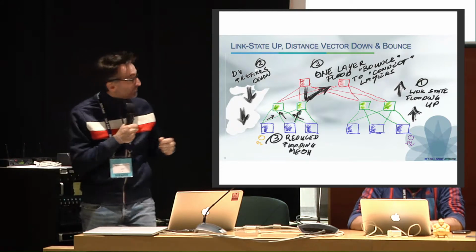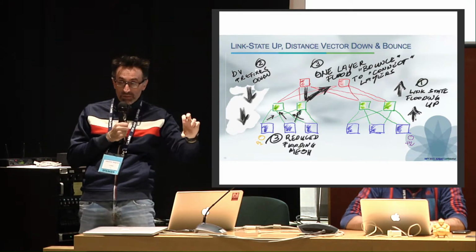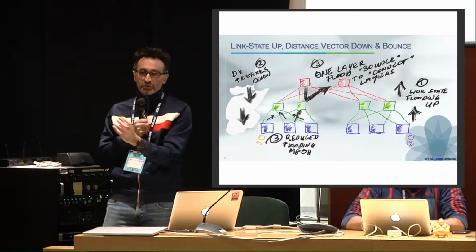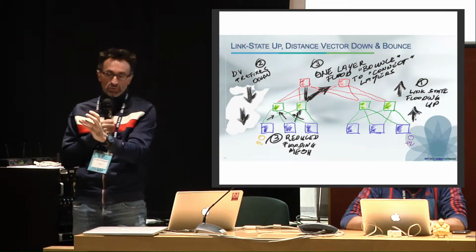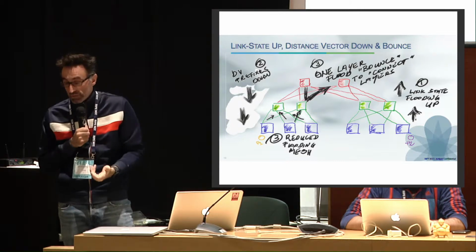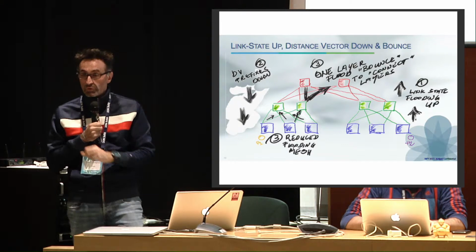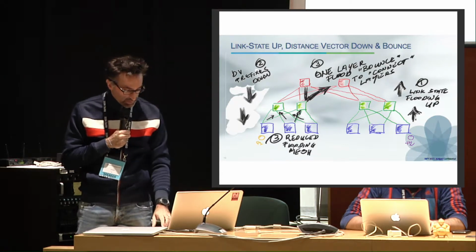In this case, the layer below will be able to route towards the surviving node or the best node. Optimal routing is achieved and black holing is avoided. This is very important.